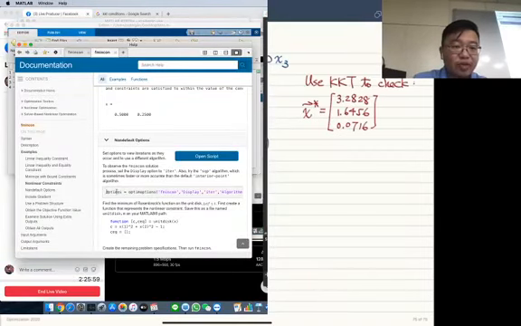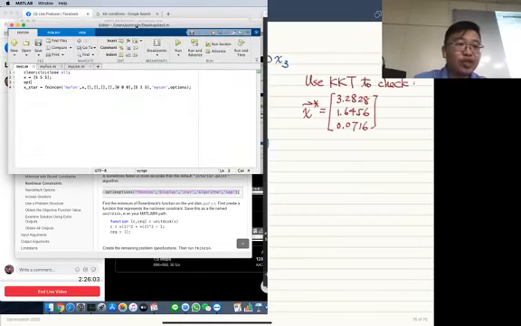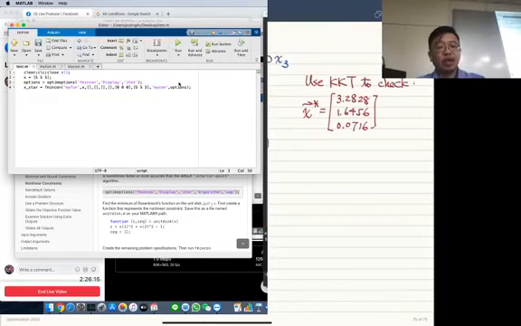For MATLAB, you could specify some options. So the options could be defined here. And I think you just need to display the iteration. Yep. Run.